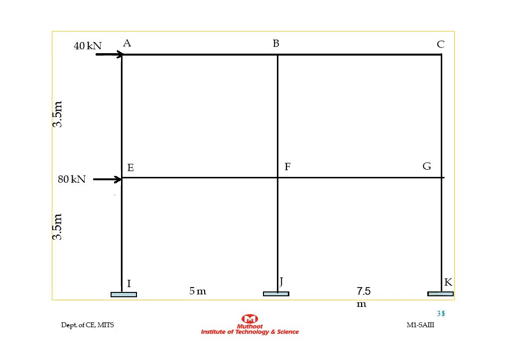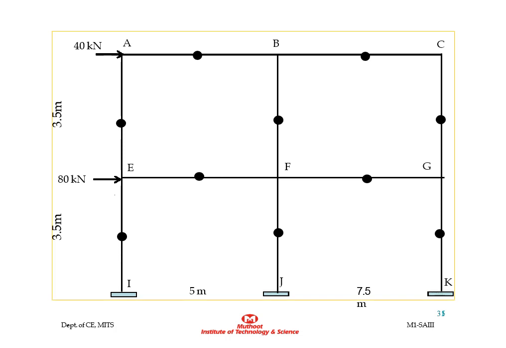Now we are going to calculate the column moment, beam shear, and axial force in columns. These are the points of contraflexure in beams and columns. They occur at the midpoint of all members of the frame. We know the horizontal shear for the columns.